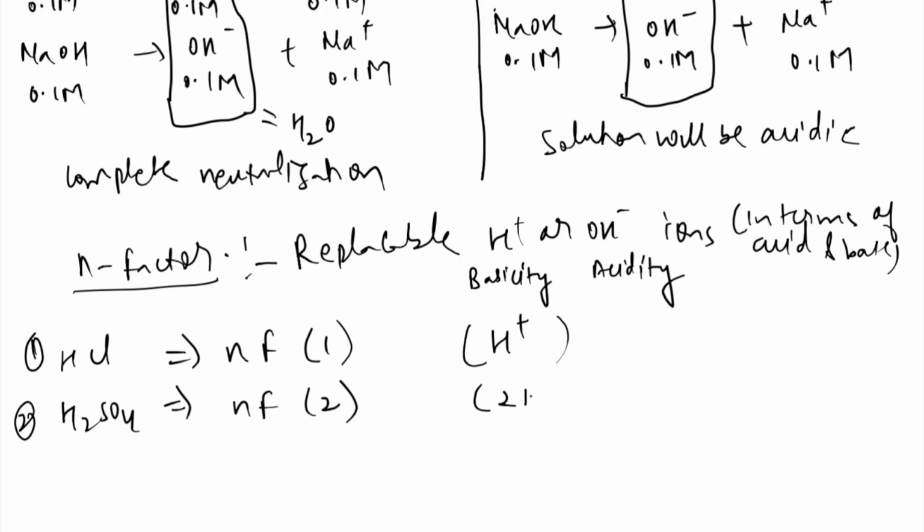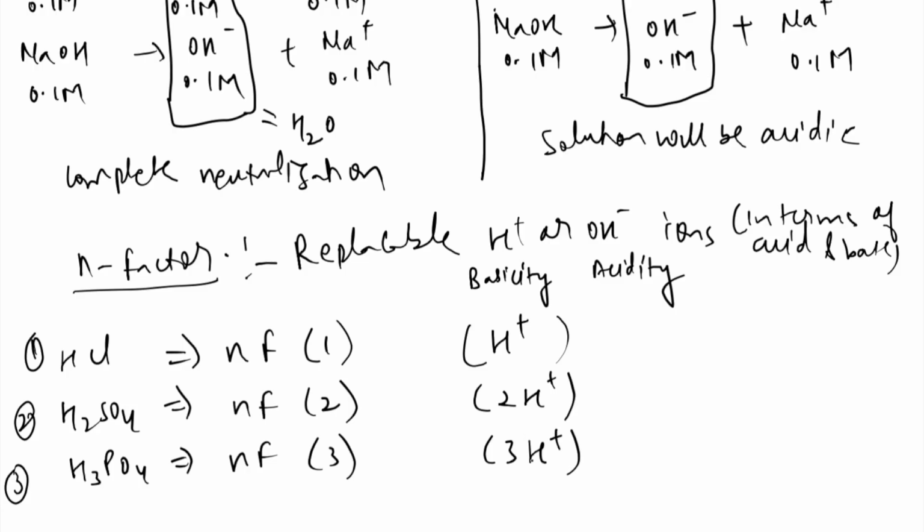Why? Because we have 2 H plus ions. This also talks about the basicity. The basicity of HCl is 1. The basicity of H2SO4 is 2. Similarly, if I talk about phosphoric acid, its N factor is 3. Why? Because I have 3 H plus ions.